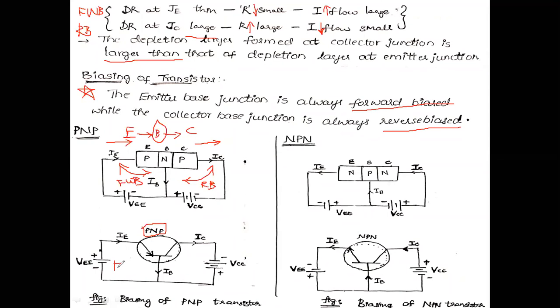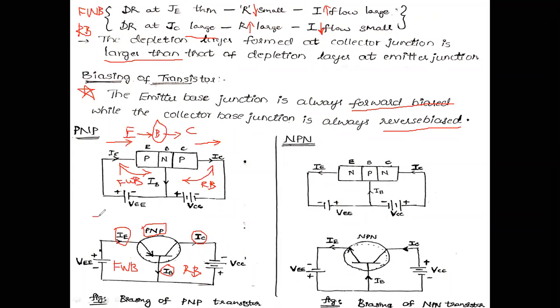This is forward bias condition, and this is reverse bias condition. In this way I am going to represent here. This is the emitter current, this is the base current, and this is the collector current.